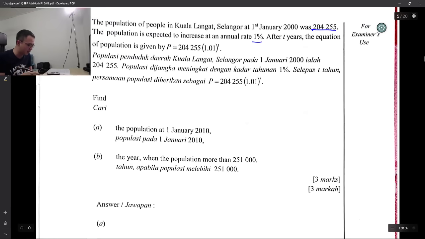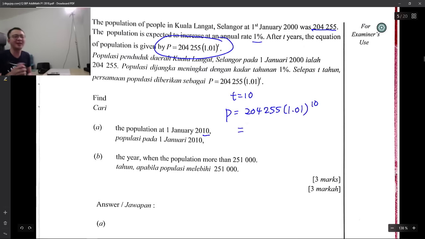After t years, you have one equation here, and this equation represents the population. So they want to know the population after 10 years, because from 2000 we go into 2010. That means the t value should be 10. So in order to get the population, you just need to plug the 10 into your t here. Then you should easily get the correct answer.